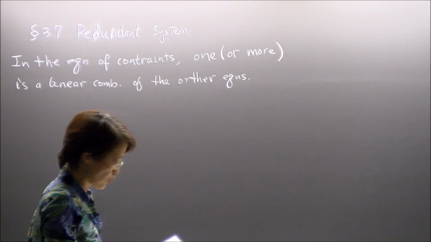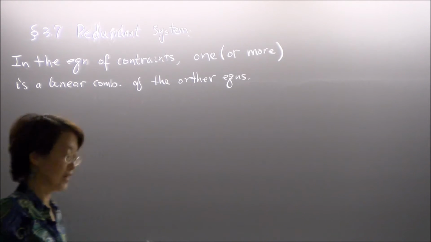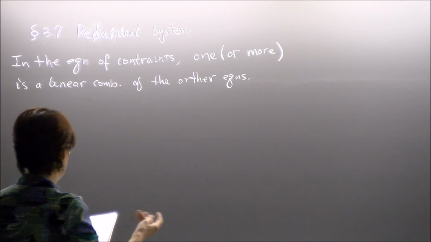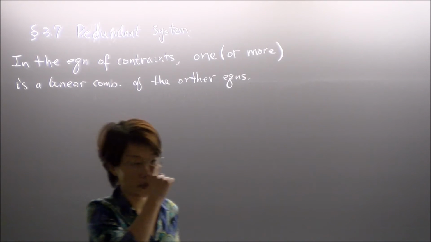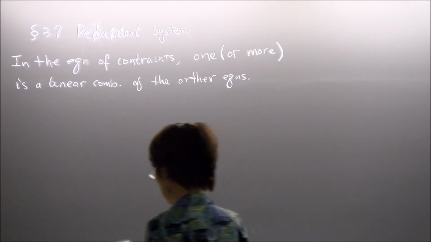Okay. And that's what we mean by redundant. So this is information you actually don't need, okay? Remember the homework problem we did for the transport problem? The example we took in class, the transport problem. It actually has one equation that is not needed. You can remove any one of those equations and just keep the rest, okay?